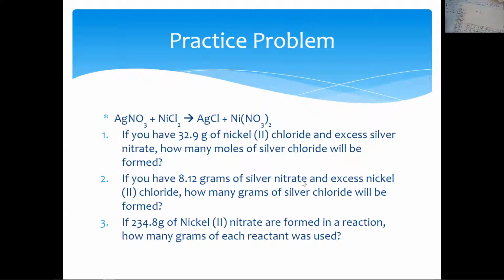Nickel 2 chloride: 35.45 times 2 plus the mass of nickel, which is 58.69. Okay, so I like to label this at the top so I can reuse it. So right here, nickel 2 chloride, I'll go label it. It weighed 129.59. Okay, so now I have that for any problem going forward, which I might need again.